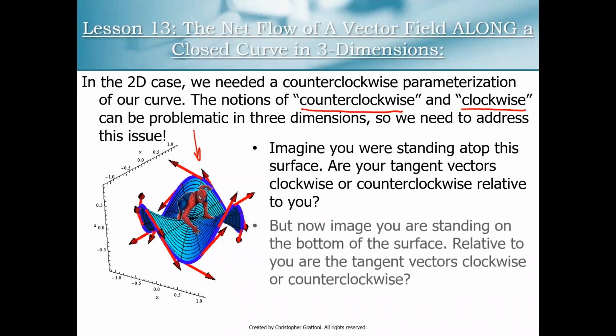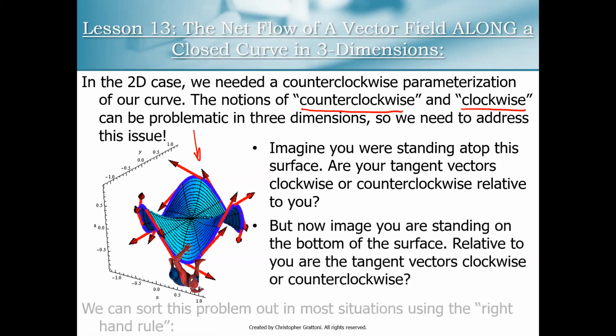But he could use his Spider-Man superpowers and go to the bottom of that surface. And in that situation, now those tangent vectors are clockwise relative to his current position. So we could usually figure this out by using what's called the right-hand rule.